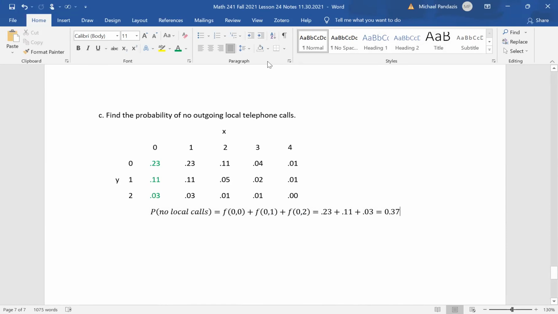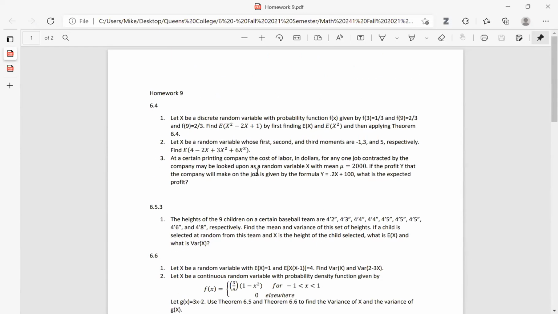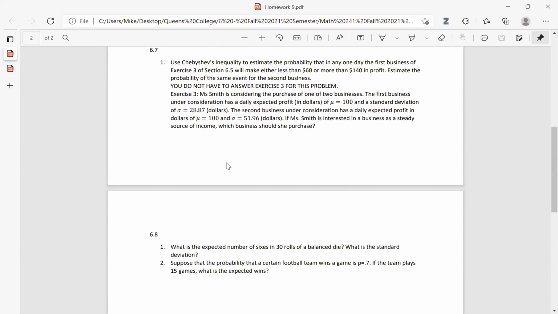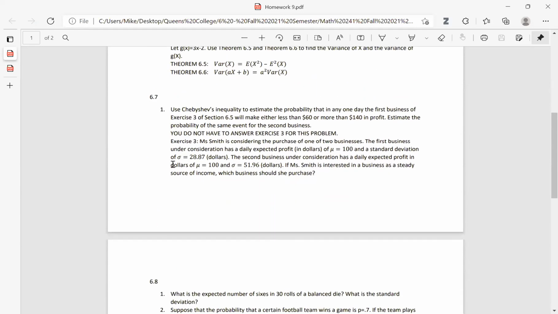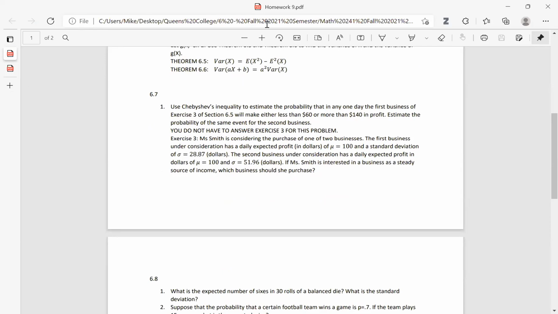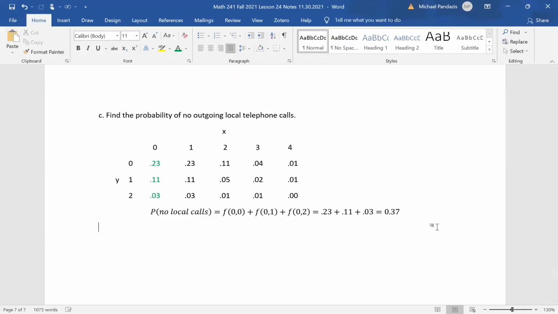Okay, so before you go, it was up to 6.6 here. So for homework, you can finish homework 9, sections 6.7 and 6.8. Office hours this week are the same as usual. It's Friday, so it's 1 office hour this week. Let me announce the homework for next class.